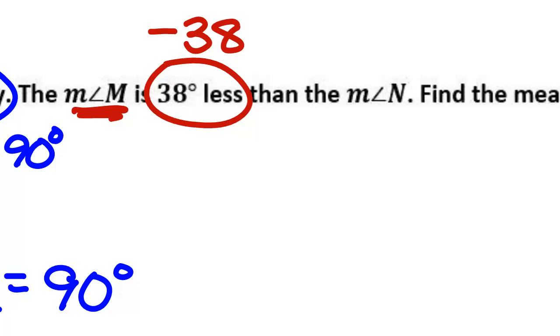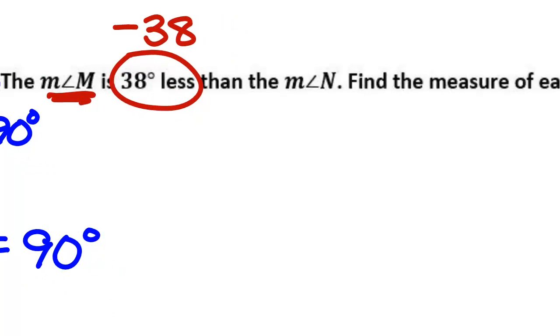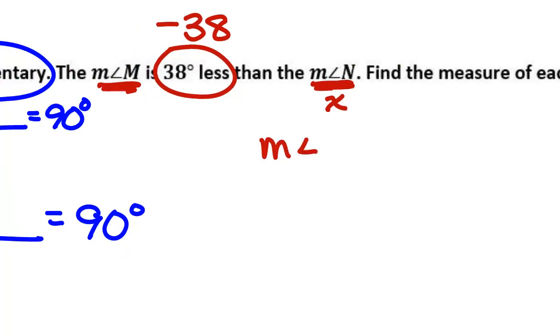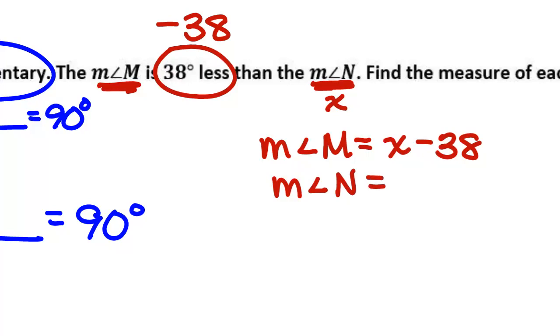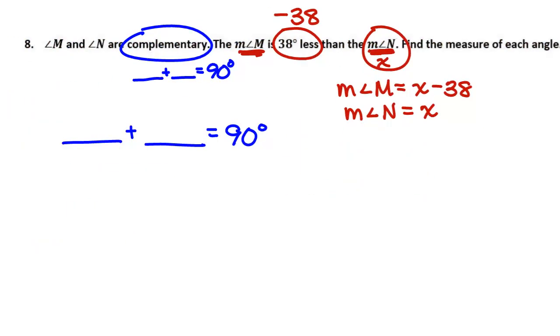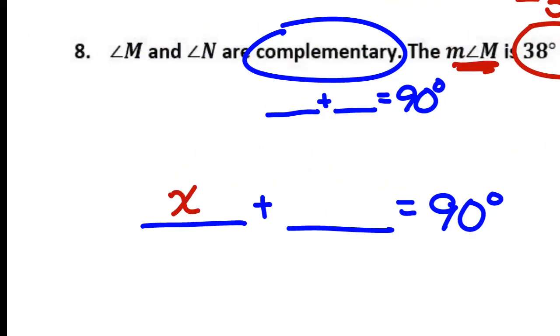Not M minus 38, it says M is equal to 38 less than angle N. I don't know how big angle N is. They're giving me this relationship for the measurement of angle M. So X minus 38. And the measure of angle N is just X. So these are the 2 things we're going to add together, X and X minus 38.